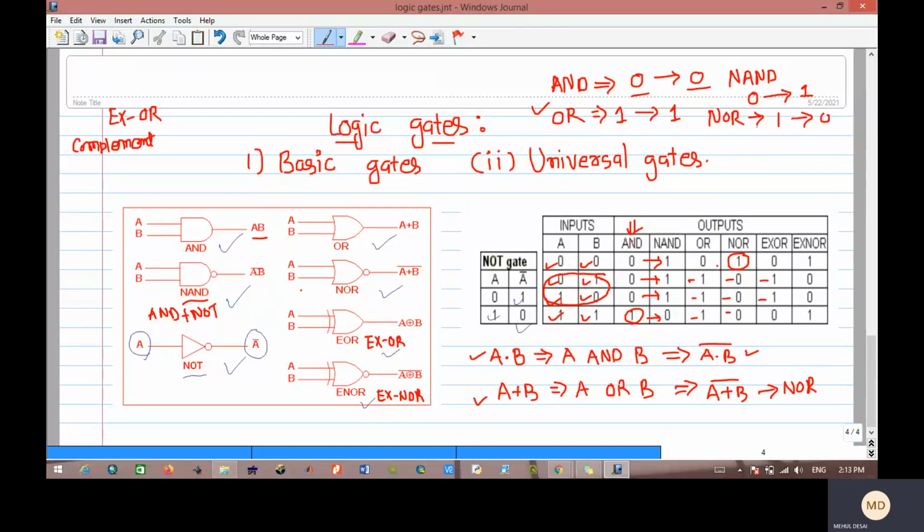When both inputs are the same, then the output is 0. Here it is 0, and here it is 0. This is the definition of the XOR gate. The symbol of XOR is A XOR B, and this is the Boolean expression of A XOR B.